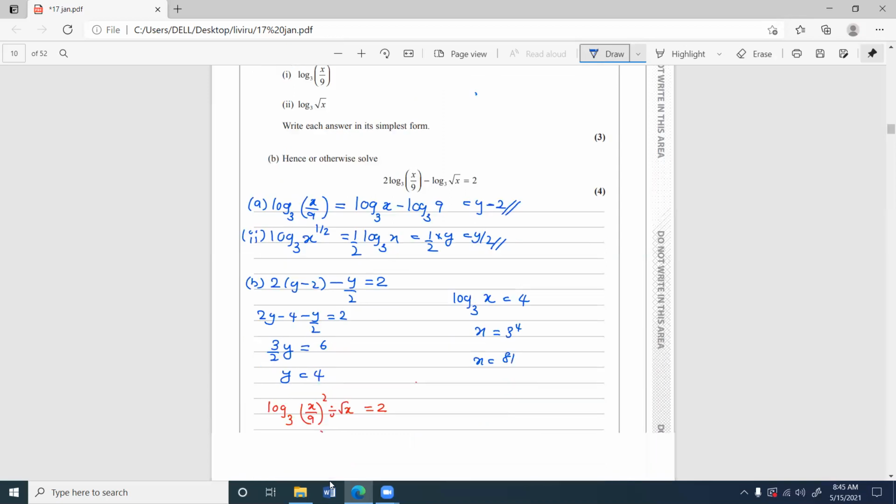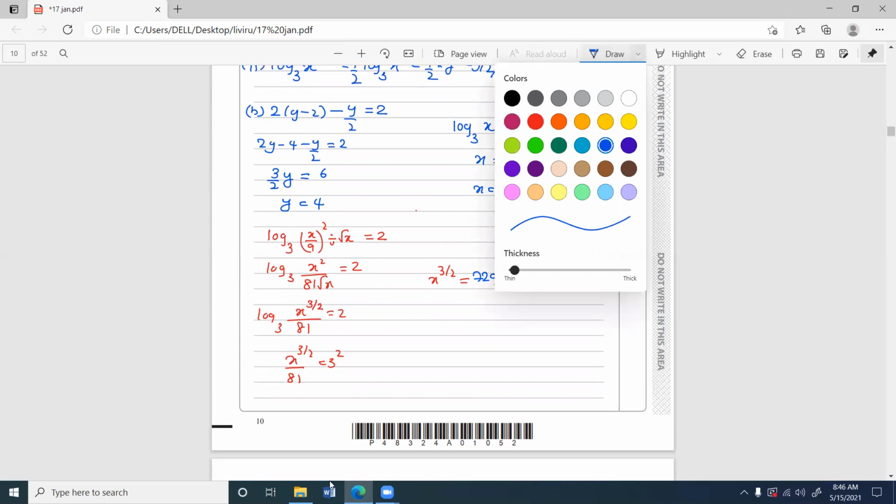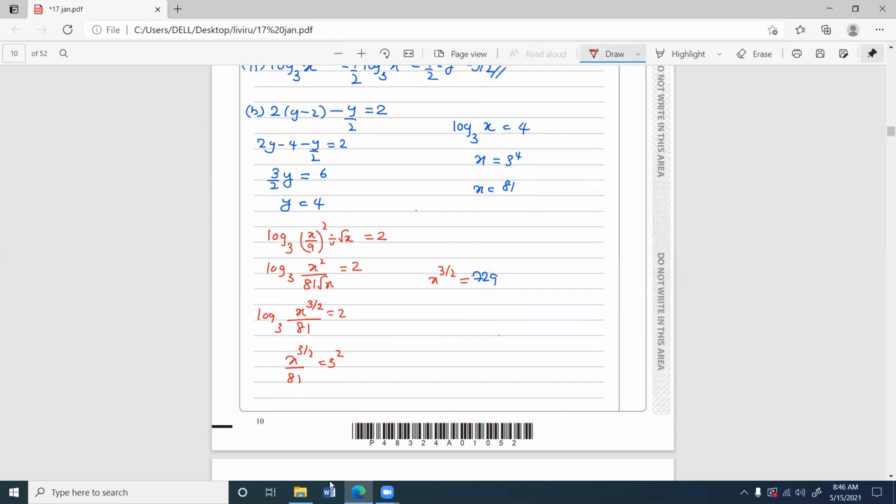Let me see whether from here also you get the same answer. 3 to the power 2 is equal to 9. This is 81 into 9. 81 into 9 is 729, sorry, 729.